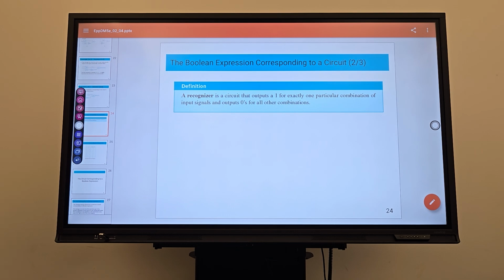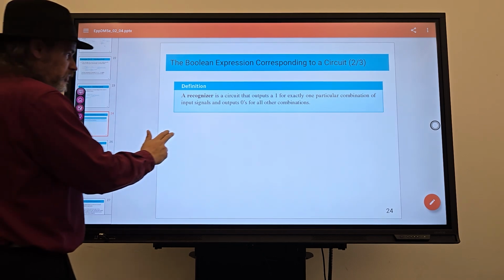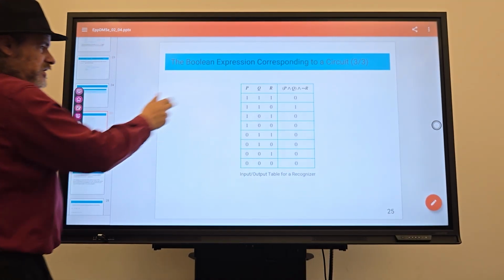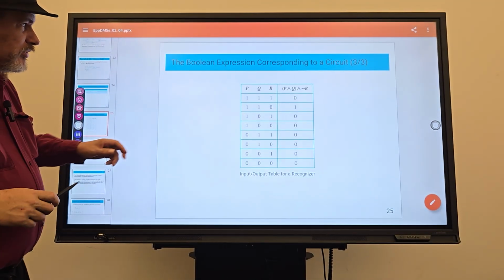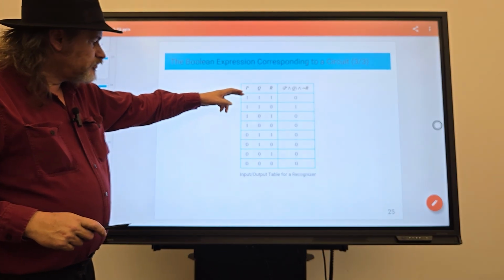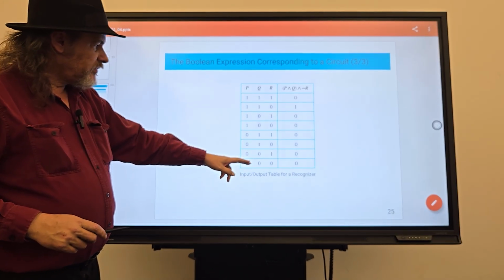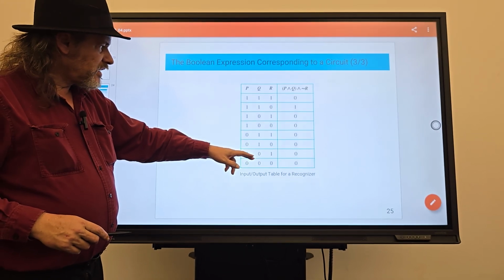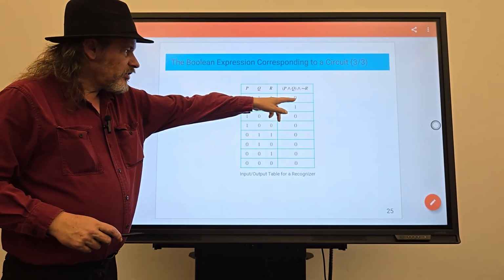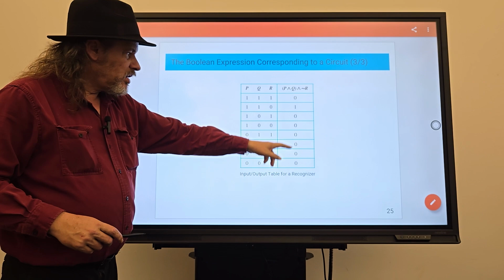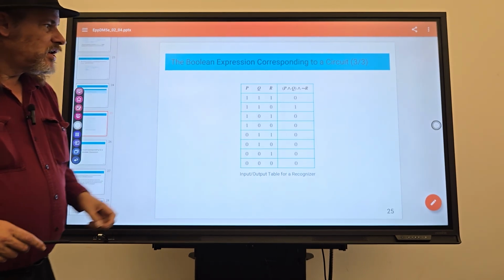But you have the input-output table for the recognizer has results being zeros, except for 1, 1.